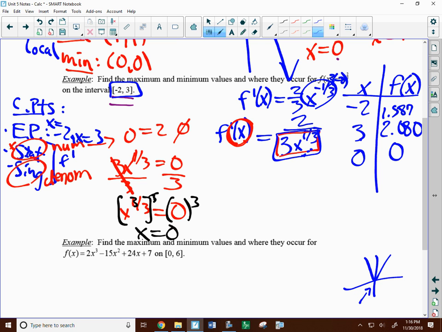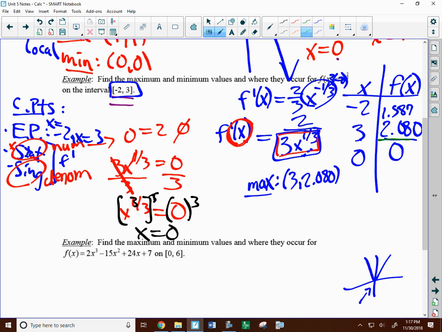All right, so now we can write down the max and min. I'll start with the max. It's the biggest y value. Now again, you can write down the full point. So the full point is 3, 2.080. Just the maximum is the y coordinate.